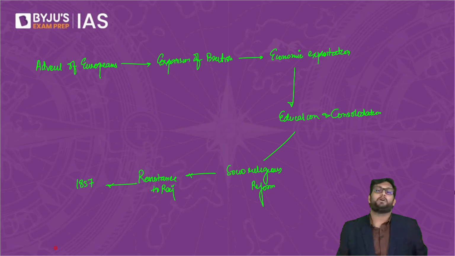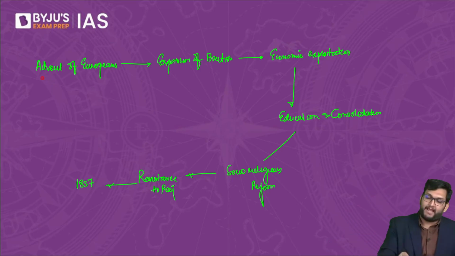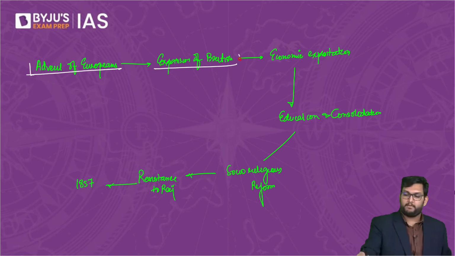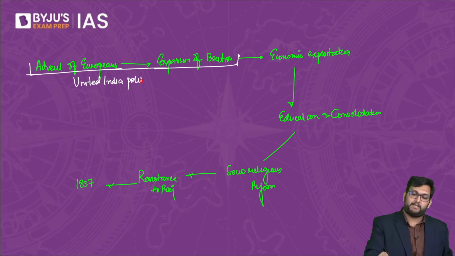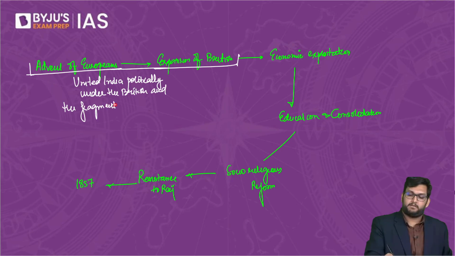It is not a joke that nationalism emerges in 1857. I'll tell you how. See, advent of Europeans and British expansion. These two processes united India politically under the British, and the fragmented nature of polity was gone.